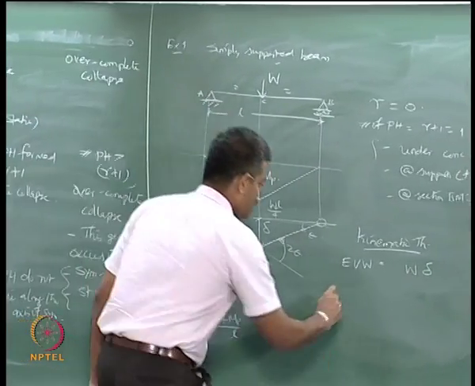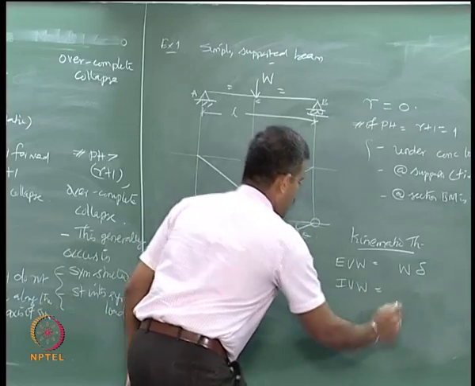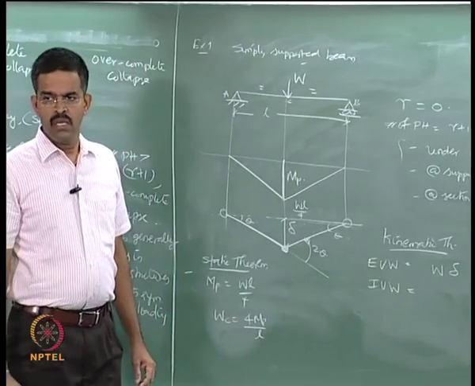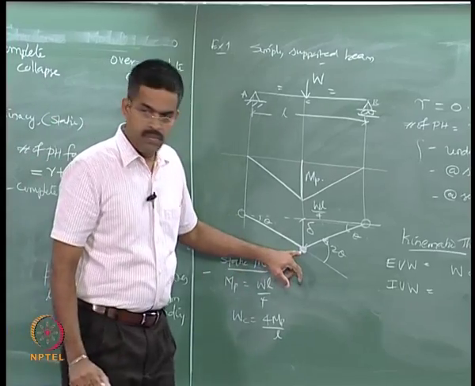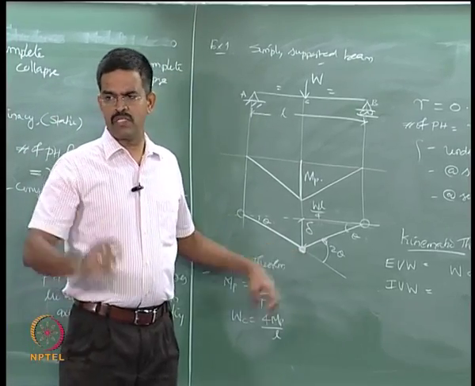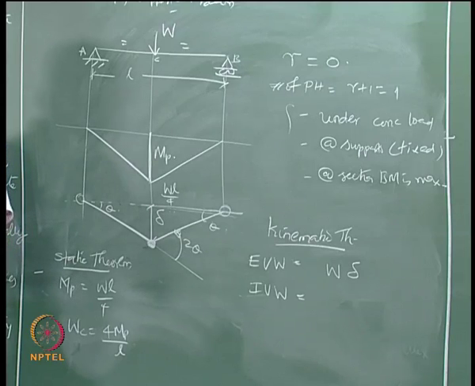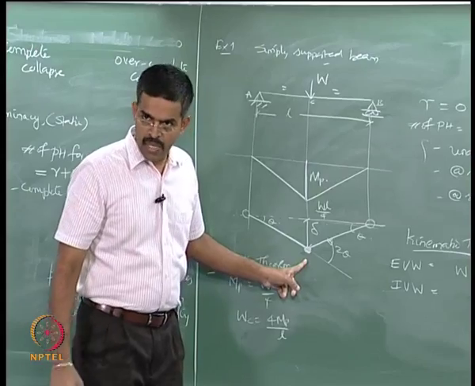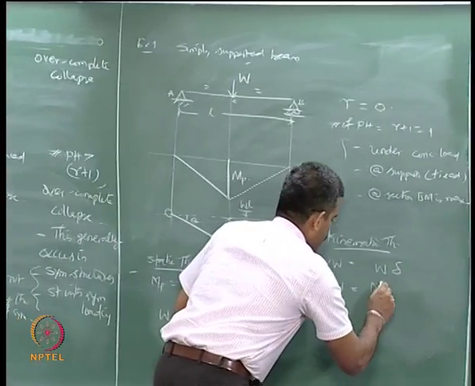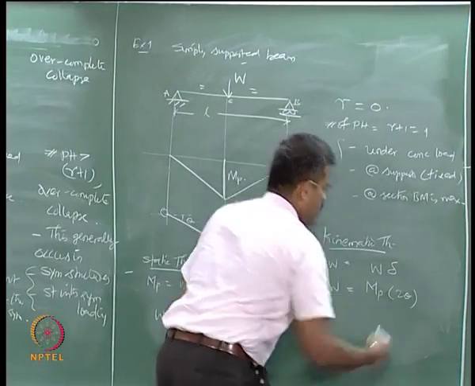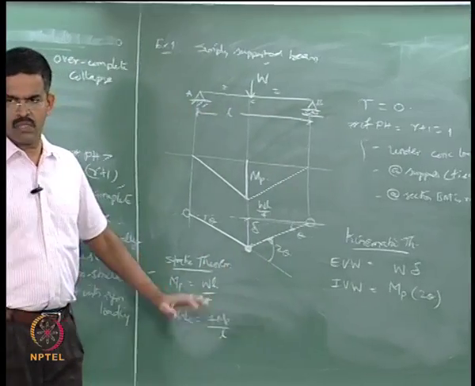What is the internal virtual work? It is the work done by the hinge. We already told you yesterday, a plastic hinge is a hinge which requires a moment to rotate; it will not rotate freely. What is the moment required to rotate the plastic hinge? MP. So, it is MP multiplied by 2 theta, that is the work done.